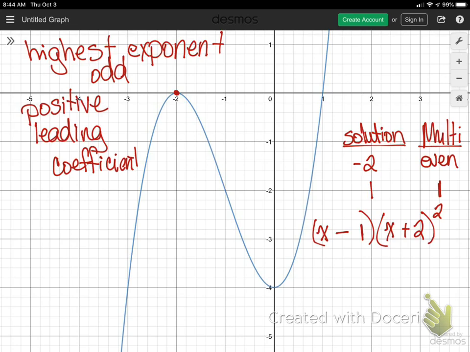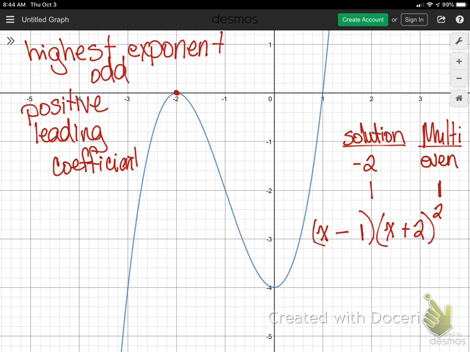We square the factor that's associated with the solution because of this multiplicity. Now, we don't know for sure, because you're right, this is even. The fact that it bumps tells me that it's even. But the simplest possibility is that it shows up 2 times.